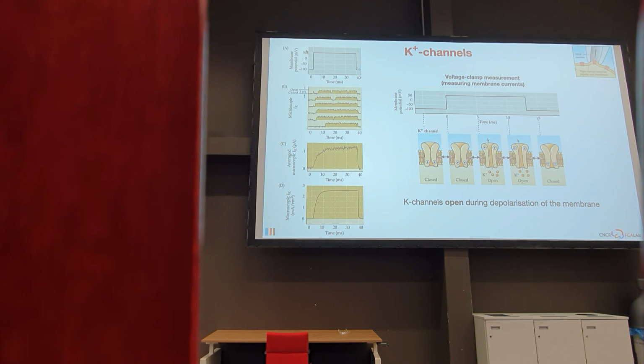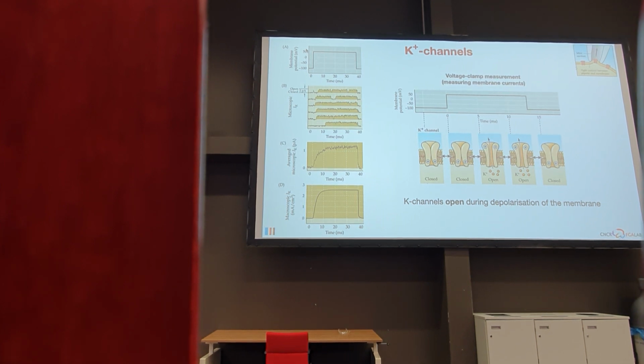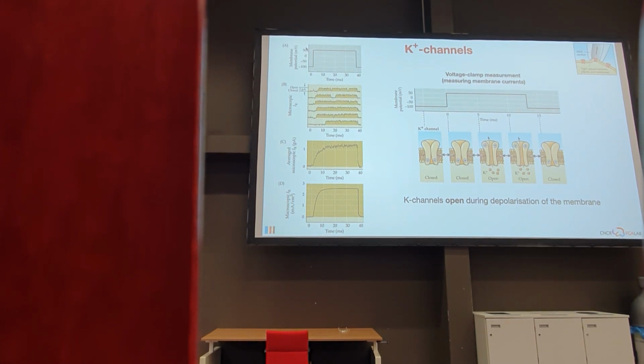There are sensors in the protein that can sense charge, and if you depolarize, the chance of going to the open state is increased. But it's a stochastic process, that's why you see this stochastic opening here. Because it's an ion channel, it can only be in the open or closed state. There's no such thing as a half open state.